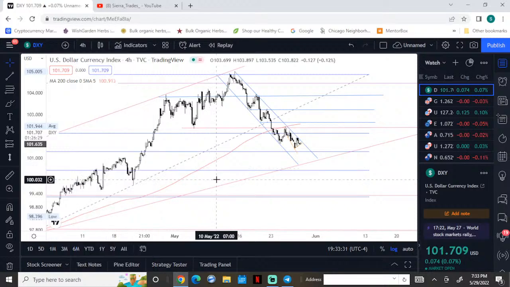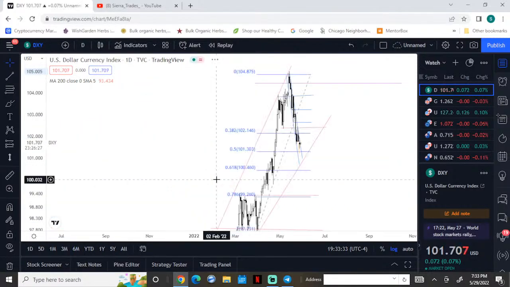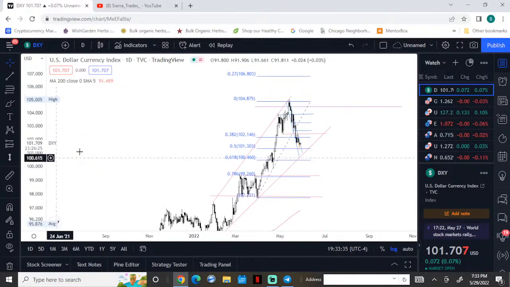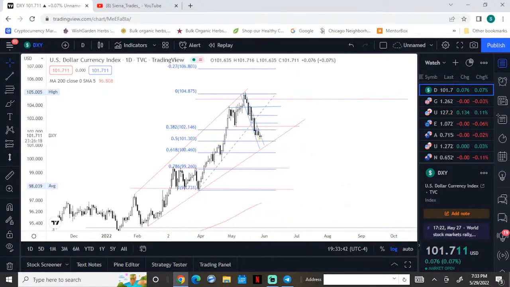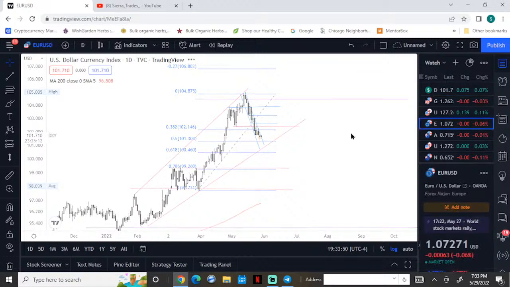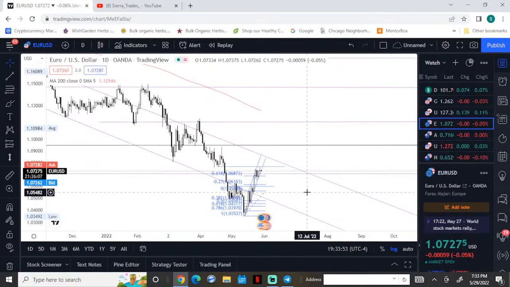A is daily. Now you see how on EU it came right in between the 50 and the 382, and that's exactly where the dollar is. But like I said, you can still come to the 618 and the 786 before it reversed. But that was a perfect example.